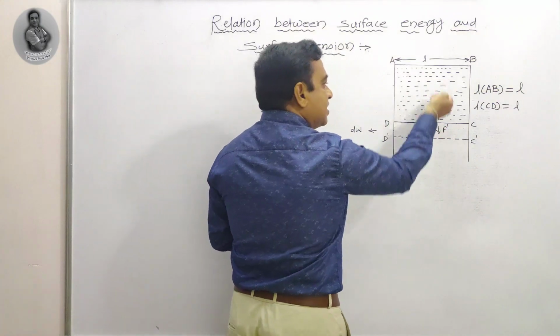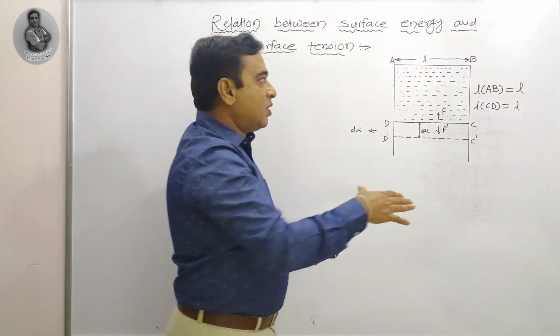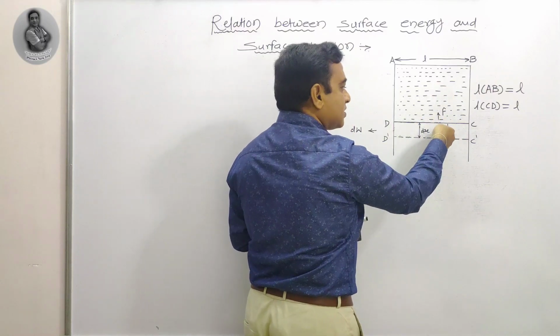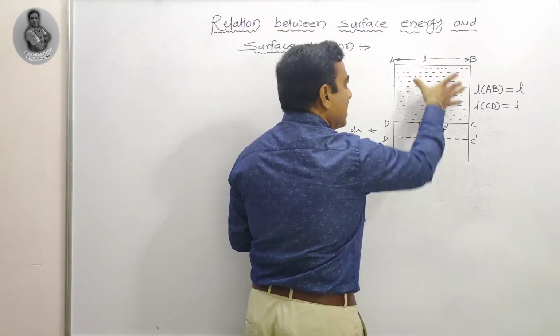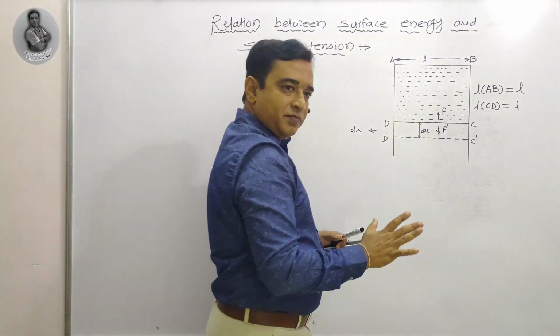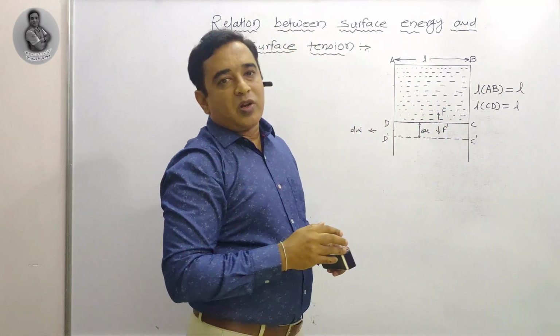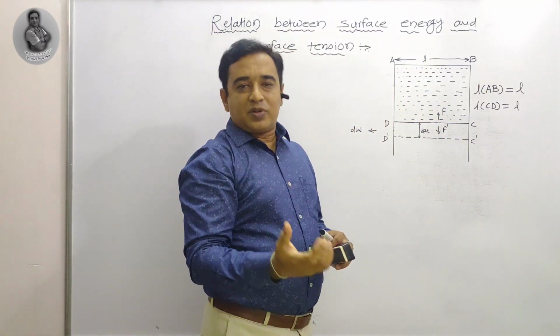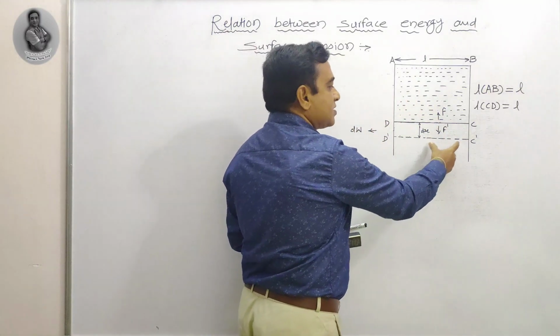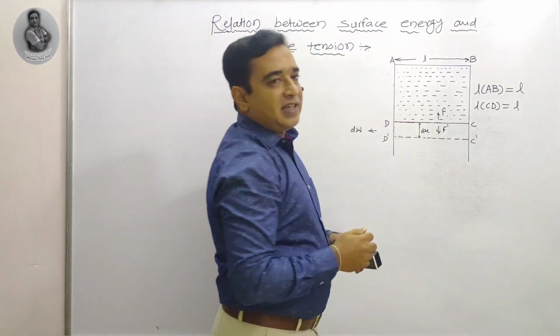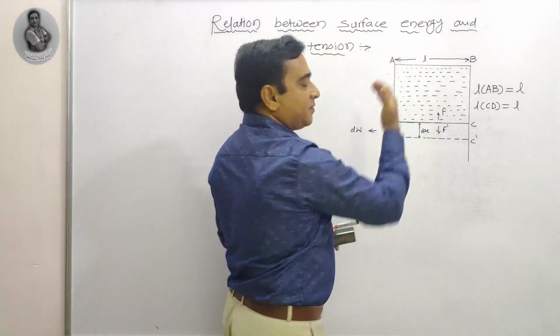The counterbalancing force is applied by the film on both sides. Force is applied on CD as well as AB, so as to maintain the constant distance between the molecules, there is a cohesive force. They pull this frame once again from C dash D dash to CD towards AB.